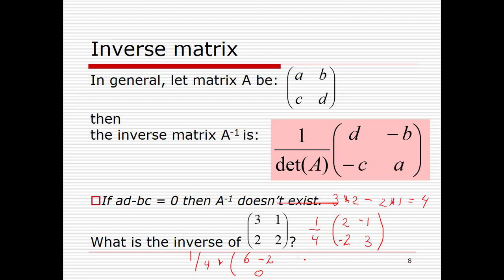On this position, we have 3 times minus 1 plus 1 times 3, which gives 0 again. And on this position, we have 2 times minus 1 plus 2 times 3, which is 4. So the result would be 1 divided by 4 times 4, 0, 0, 4. And indeed, this gives us the unity matrix. So we have shown that 1 divided by 4 times this matrix is indeed the inverse matrix of 3, 2, 1, 2.